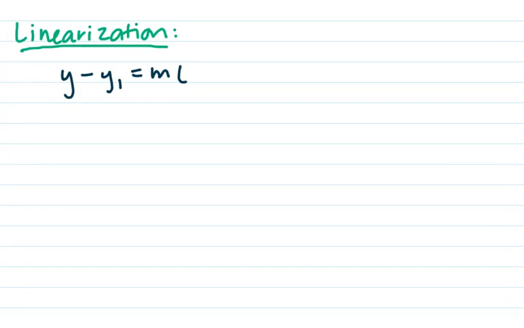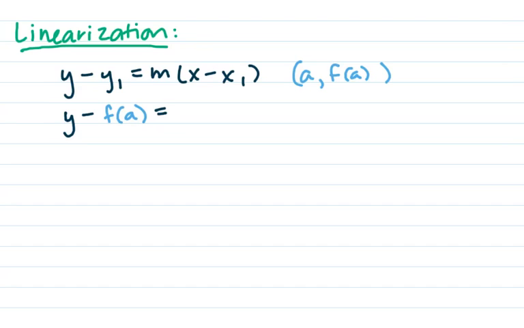which is our point-slope form. And basically, if we're looking at a specific point, A, f of A, and we're trying to approximate it using this tangent line equation, we can plug in f of A for the y value.